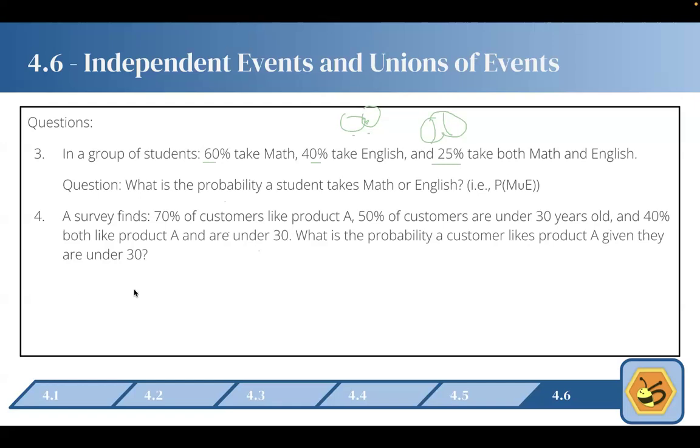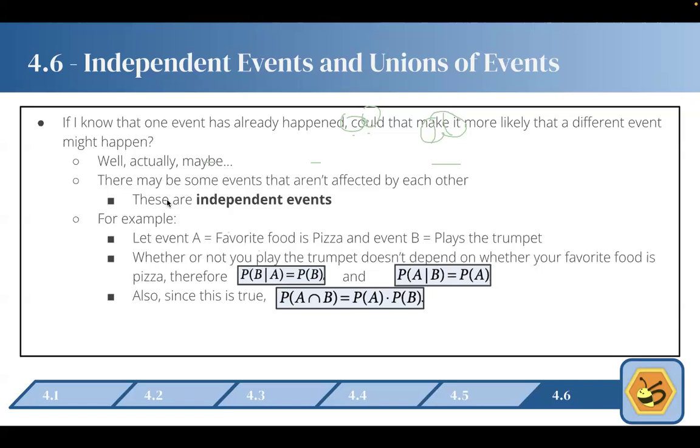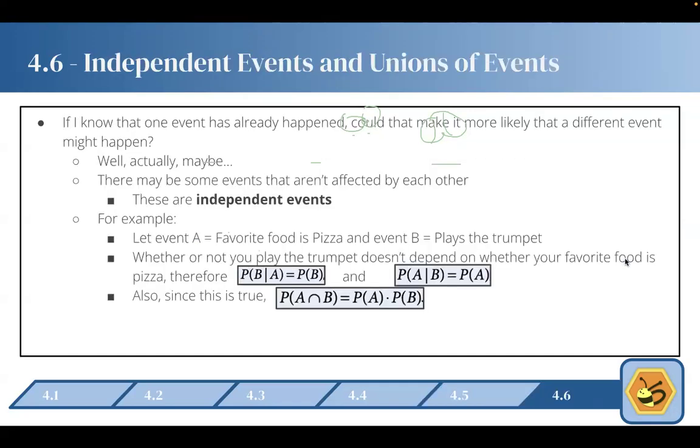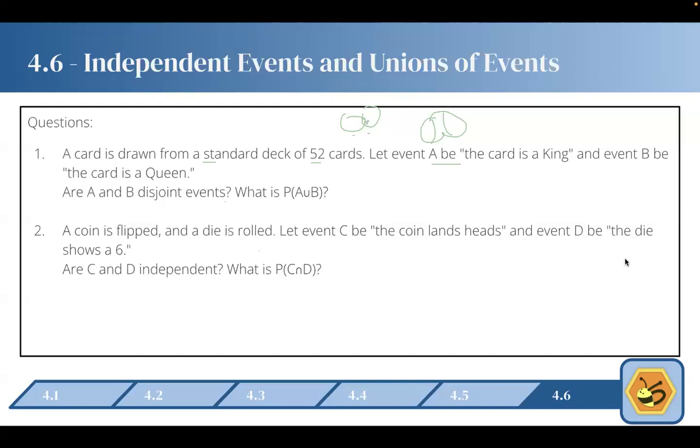So with our formula here, we're looking for the probability that they like product A, given that they're under 30, right? So we can say the probability that they're both under 30 and like the product, divided by just the probability that they're under 30.